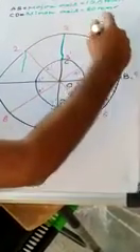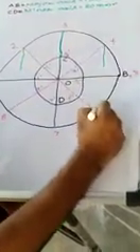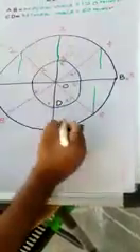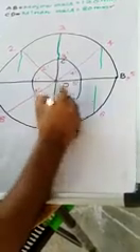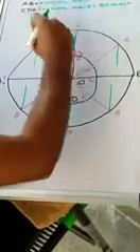From 4 towards the major axis. 5 itself is a point. 6 towards the major axis. 7 towards the major axis. 8 towards the major axis. Got it? So from the major axis circle you have to draw the perpendicular lines towards its major axis.